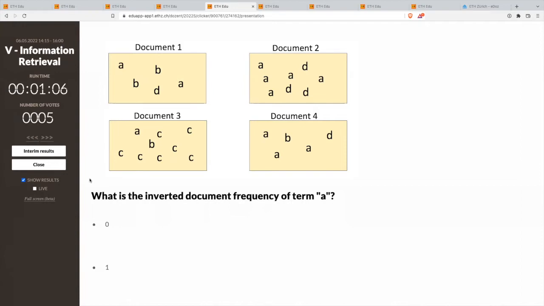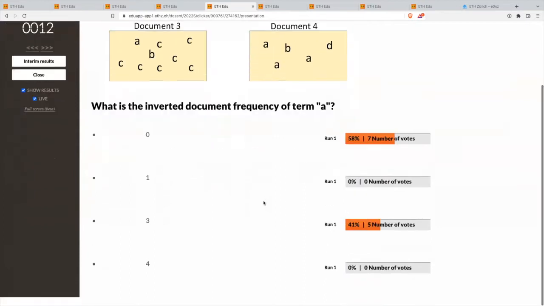Or you could also notice something that directly gives you the answer. Okay, let me first display the answers. So we have many zeros.